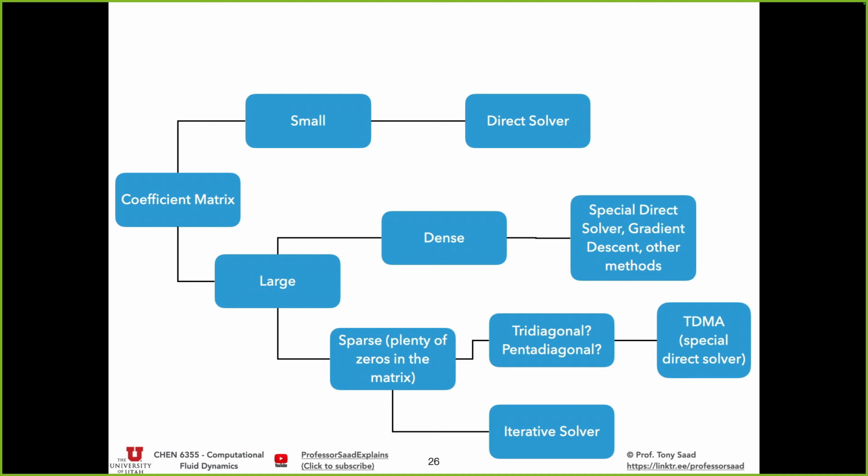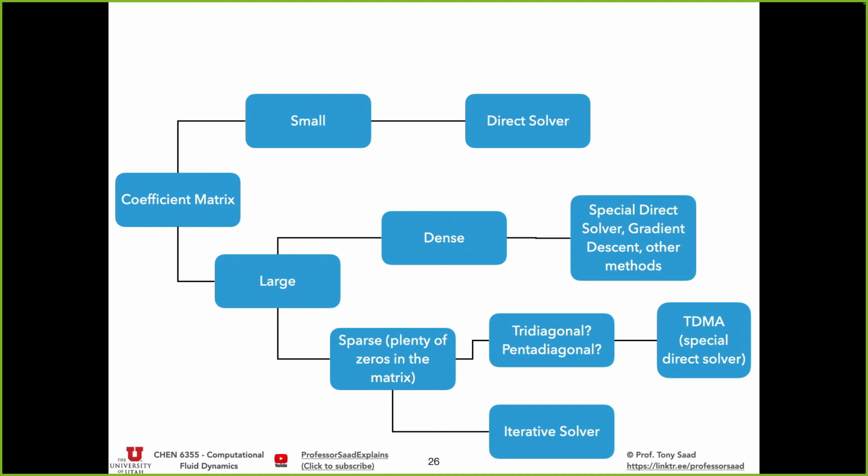Now, if your coefficient matrix is large, then you have two options. If it's dense, then you would need a special direct solver because we don't have iterative solvers for large, dense systems. So you need a special direct solver, gradient descent, or some other methods. This could be the issue with big machine learning models and big data, where you have a lot of dense, large matrices, so there are other ways for these dense, large systems. But for CFD applications, what we care about, you have a large coefficient matrix that's sparse.